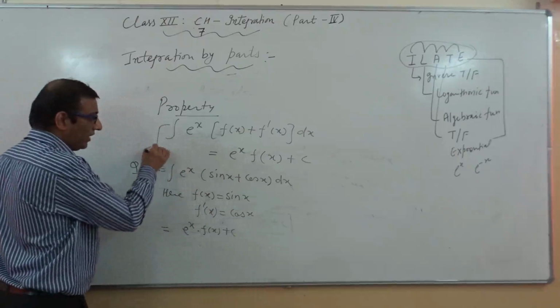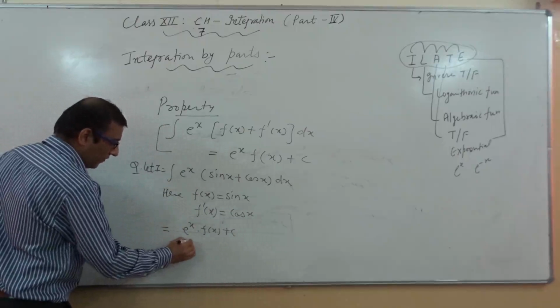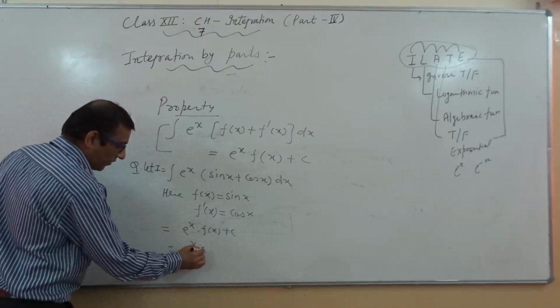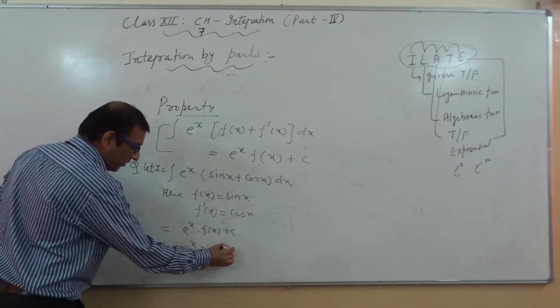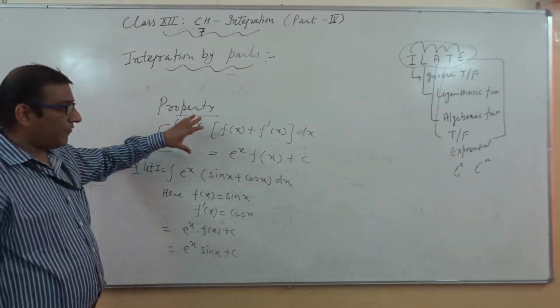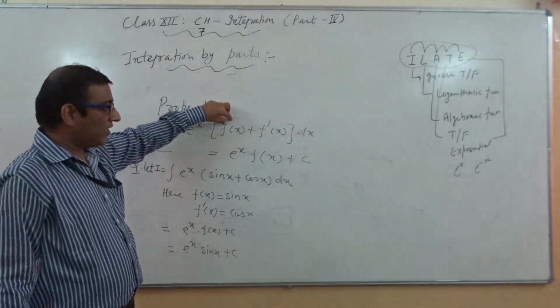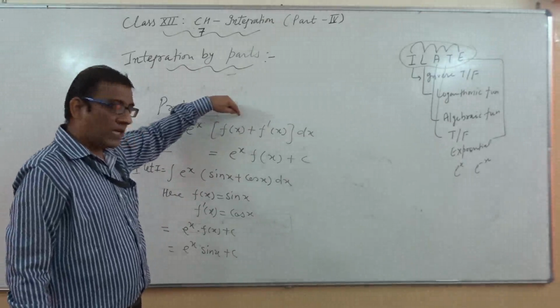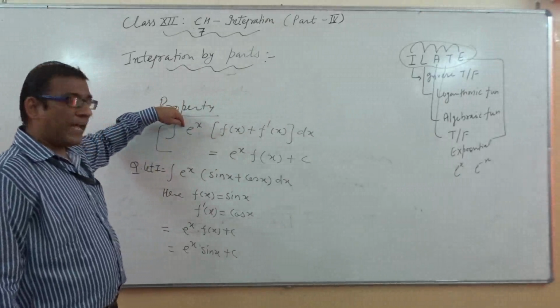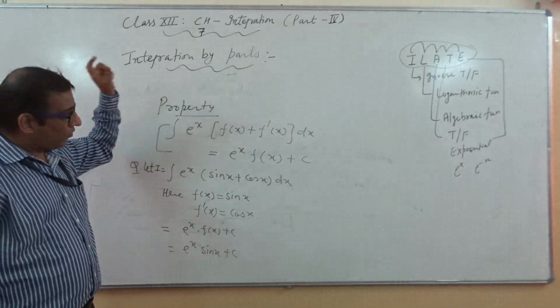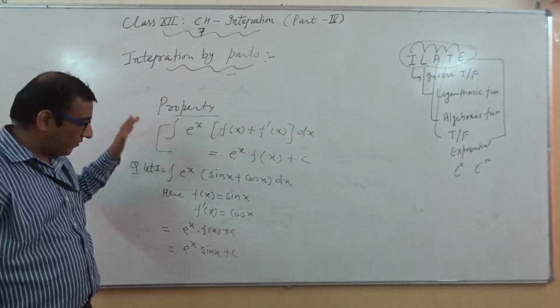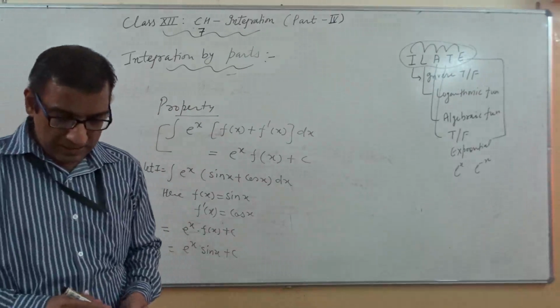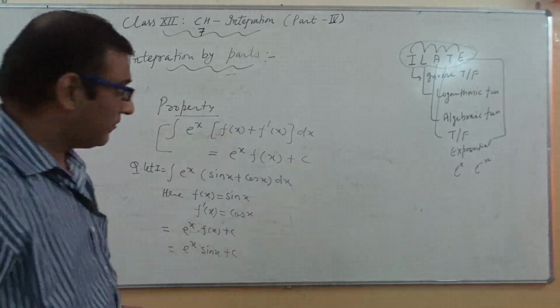This is the formula. So we put the value of f(x), which is sin x, giving e raised to the power x sin x plus c. We apply this property when the function and its derivative are both given and the exponential function is also given. For such a property, we directly write down the answer of the question.